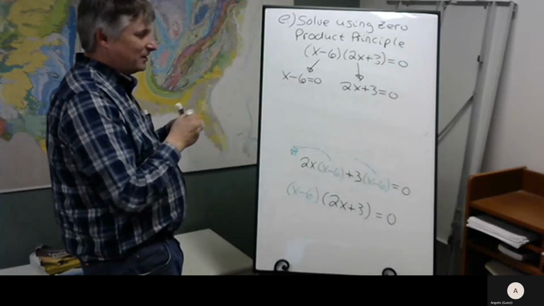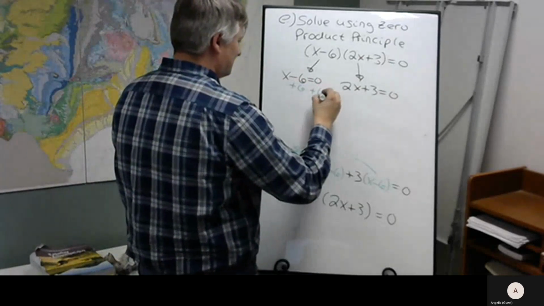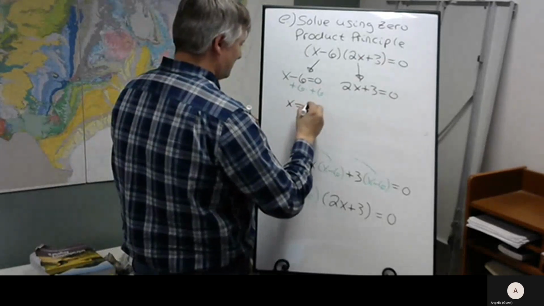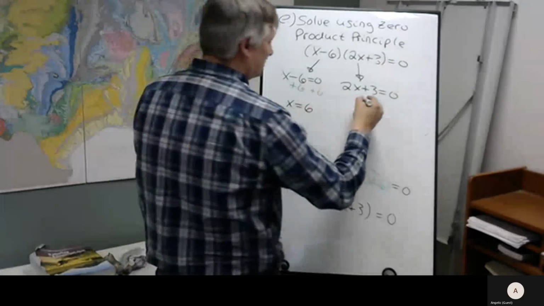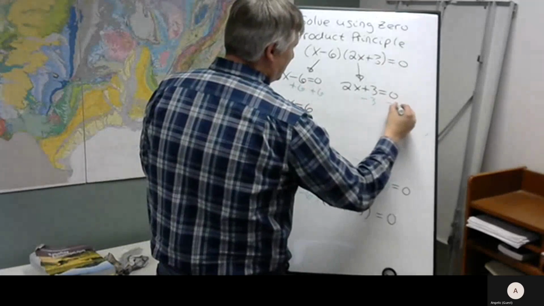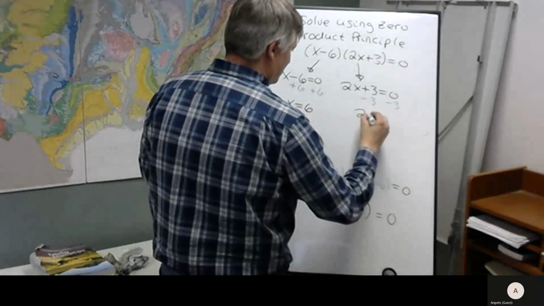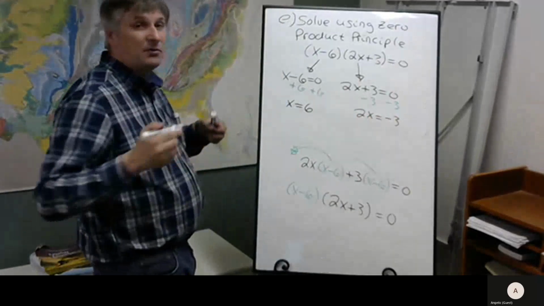So for this one, just add 6 to both sides. For this one, we got to do a little bit more. We'll subtract 3. Divide both sides by 2.